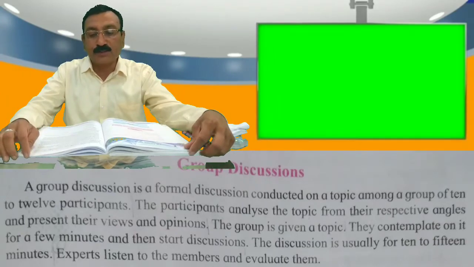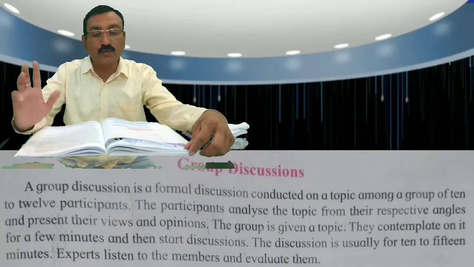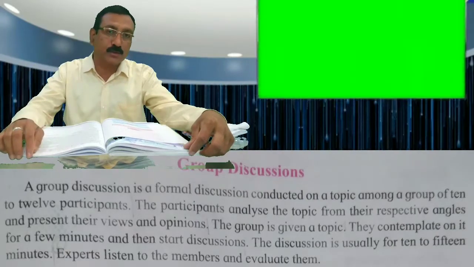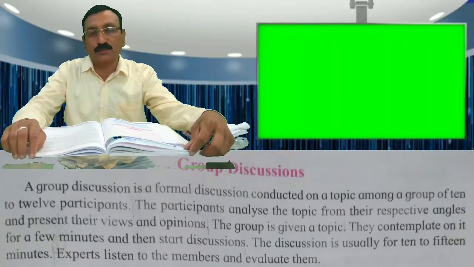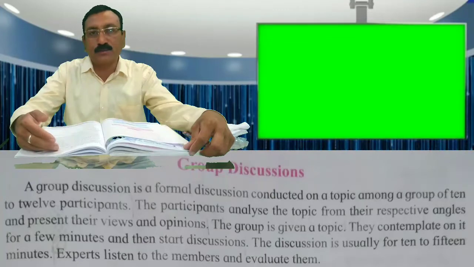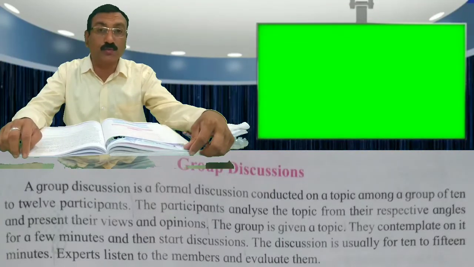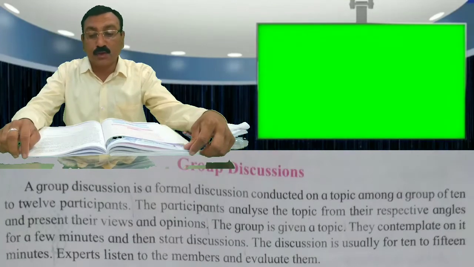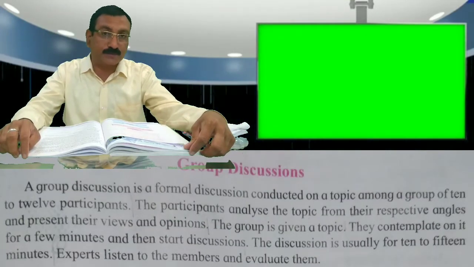Secondly, the participants analyze the topic from their respective angles and present their views and opinions. So the participants involved in group discussion express their own views, their own opinions. Thirdly, the group is given a topic.